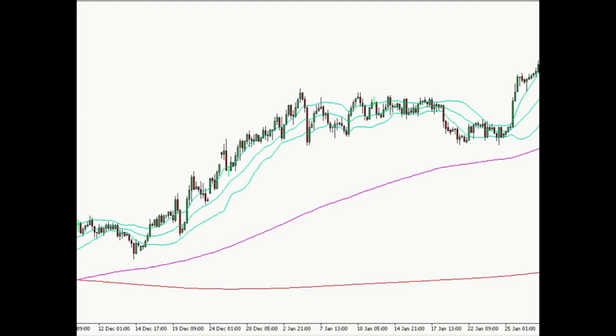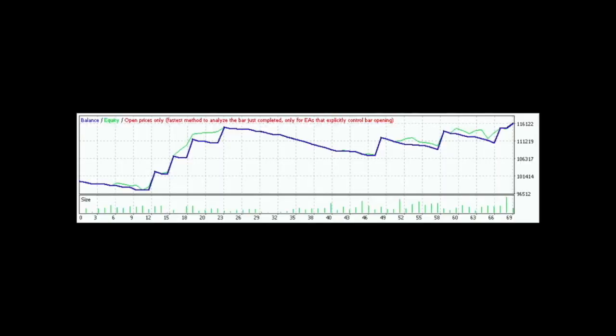We're not looking for it to have amazing returns. We're just looking that over a long period of time, this is going to generate profit, it's going to have positive skew, and it's not going to work on just a single market or a single time frame.